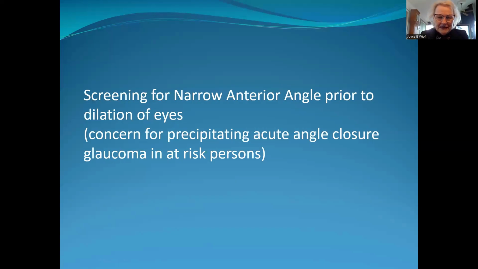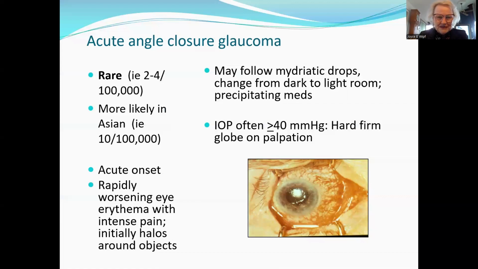Screening for narrow angle prior to dilation of eyes. I don't think the boards are going to go here, but if you are in a practice where you are doing dilation as part of a comprehensive exam, there is concern for precipitating acute angle closure glaucoma in at-risk persons.